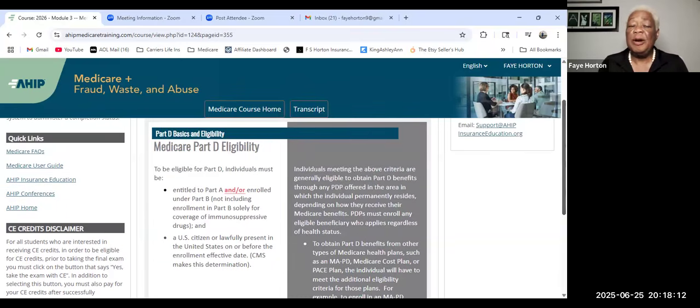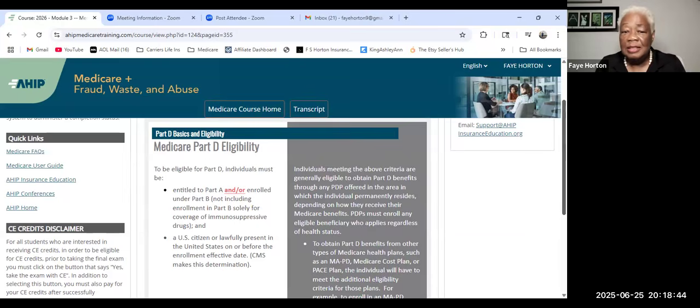To be eligible for Part D, individuals must be entitled to Part A and or enrolled under Part B, not including enrollment in Part B solely for coverage of immunosuppressive drugs. And they must also be a United States citizen or lawfully present in the United States on or before the enrollment effective date.